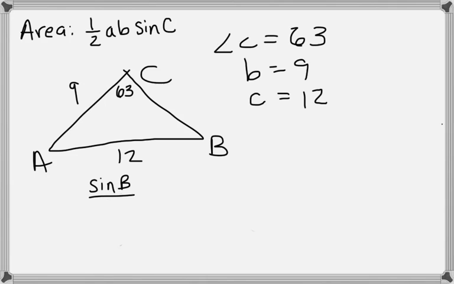So we'll write sine of B over 9 equals sine of 63 divided by 12. So I'm going to multiply sine 63 times 9. Somebody do this for me. I don't have a calculator. Sine of 63 times 9 divided by 12. And then I'm going to do the inverse sine of that to get angle B. What do you get? 41.9.